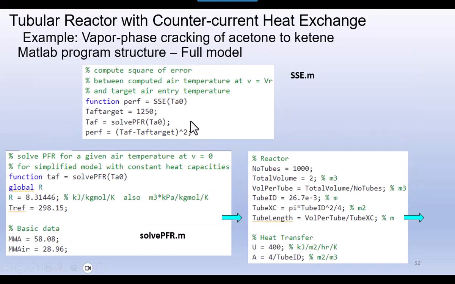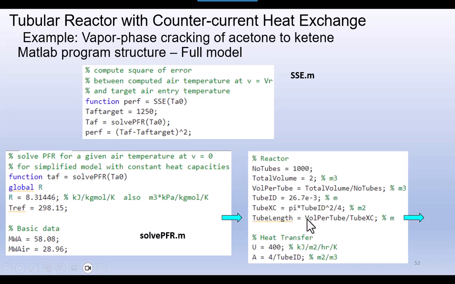So this was the SSE routine, now with the solved PFR, not with the word simplified. This is the solved PFR, which takes the estimate for the air outlet temperature at V equals 0 and returns the final value, the entry temperature of air.